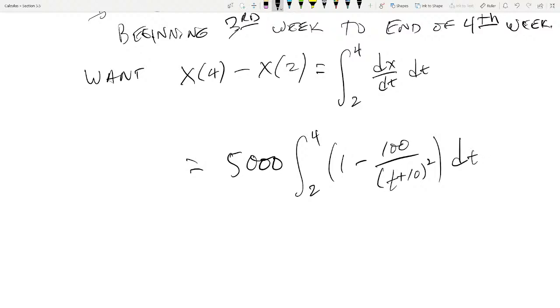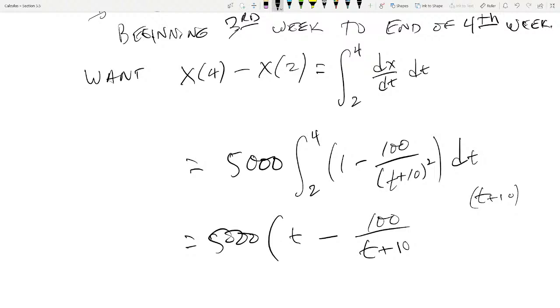Okay, ready to go. So let's integrate. Put the 5,000 out there, leave it there. When I integrate the 1, I get a t. When I integrate this guy here, it's really t plus 10 to the negative 2.